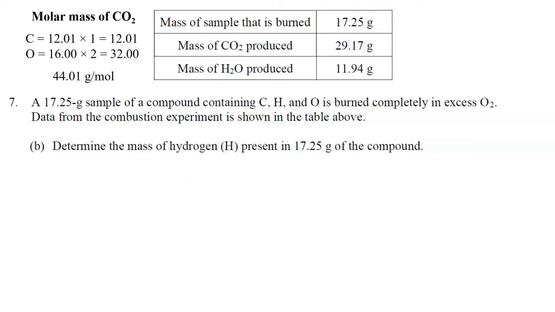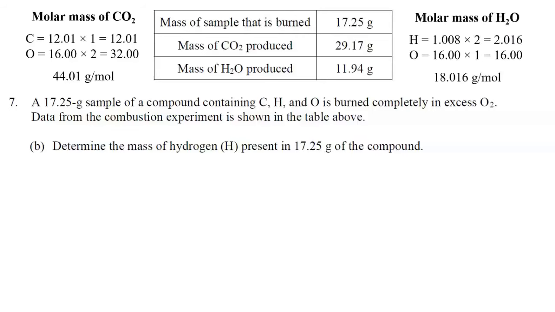So a similar strategy, determine the mass of hydrogen present in this compound. All of the hydrogen has been converted into H2O. So the molar mass of H2O, I'll put that up on the slide in the upper right corner. Now, 11.94 grams of H2O, we're going to convert that into grams of hydrogen.